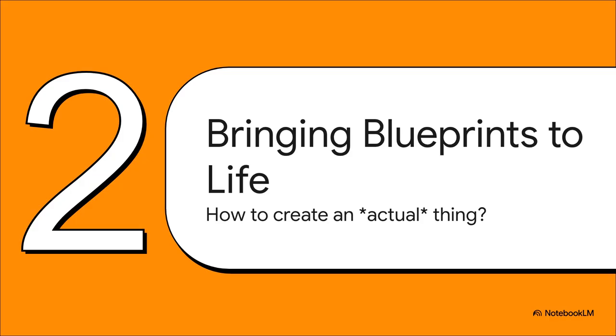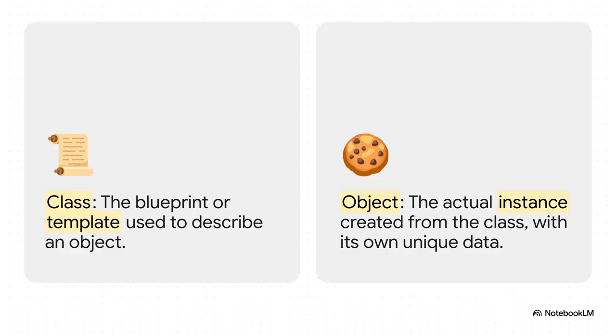Okay, so we have our blueprint. We've defined what a circle is in theory. But a blueprint for a car isn't a car, right? You can't drive it. So the next big question is, how do we take that blueprint and create an actual living, breathing circle in our program? And this brings us to a super important distinction you've got to get right. The class is the blueprint, the cookie cutter. The object is the actual cookie you make from it. You can use your one circle class to stamp out dozens of unique circle objects, each with its own data.